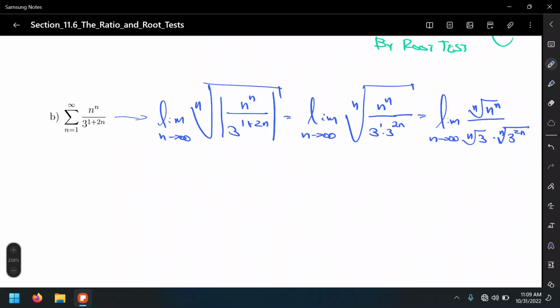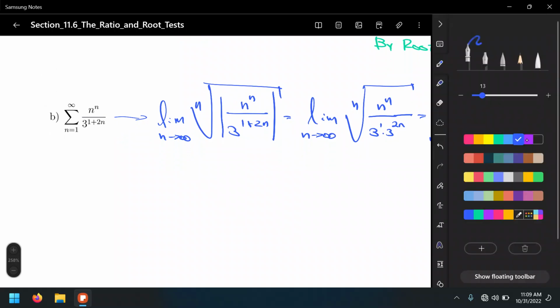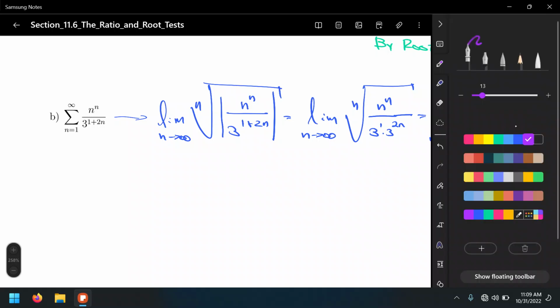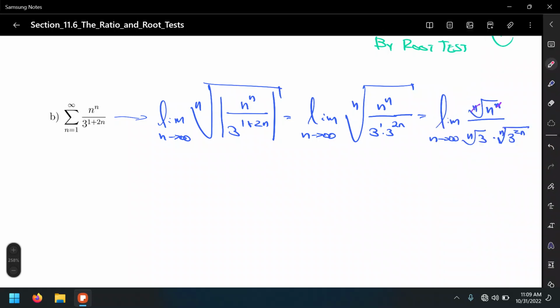So, well, actually, let's do this one. For the very last factor, whenever we have some x to the m, it would be easier if we write the nth root of x to the m as the nth root of x, the whole thing to the m power.